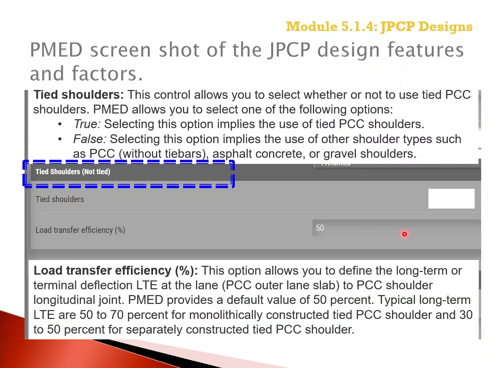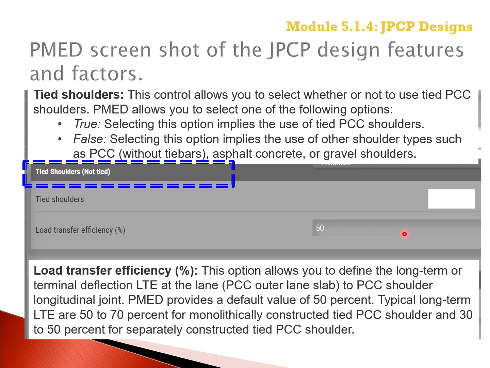The load transfer efficiency option allows you to define the long-term or terminal deflection load transfer efficiency at the lane and PCC shoulder longitudinal joint. The software provides a default value of 50%.